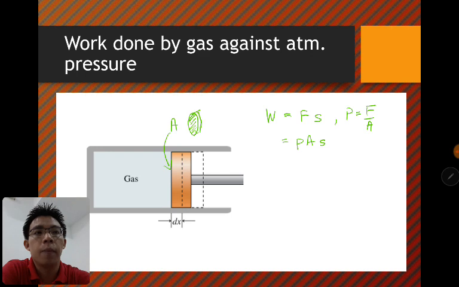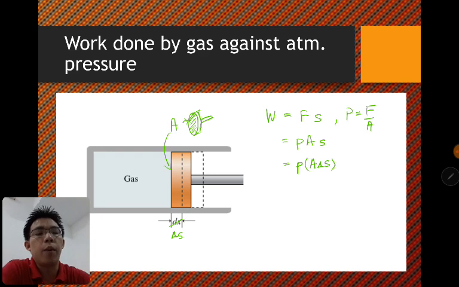That's a 3D. So this is the area here. And if it moves dx, here we can change dx to a change in s. The d is to represent a small distance moved, so we can change it to delta s. So pressure times A, and a small change in distance.